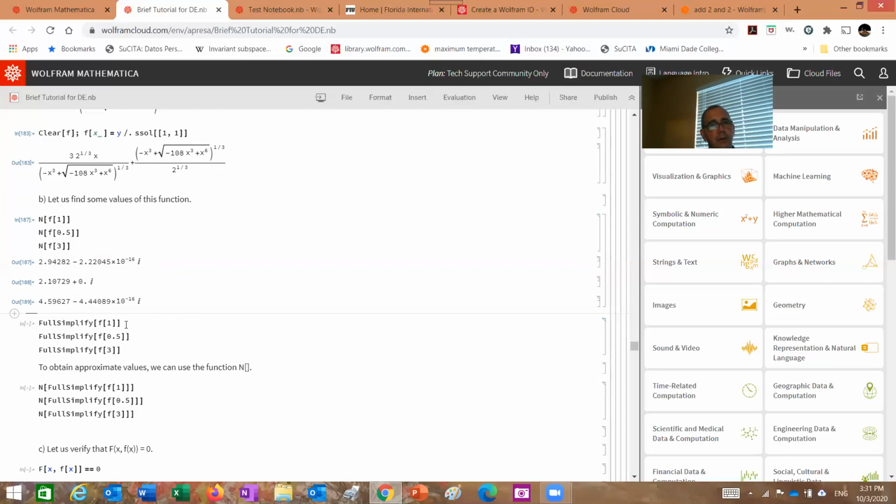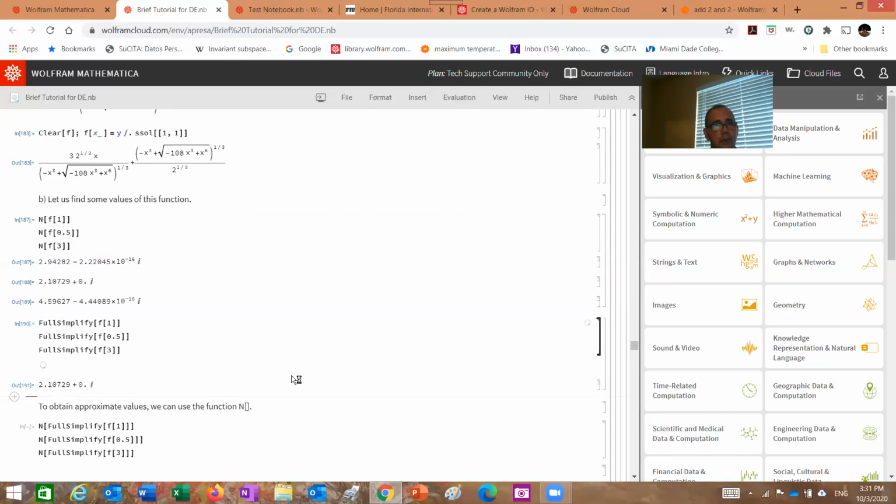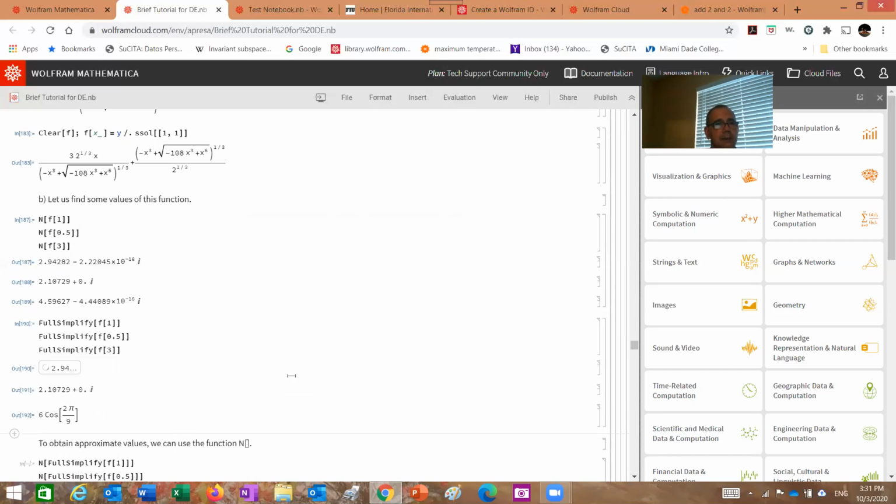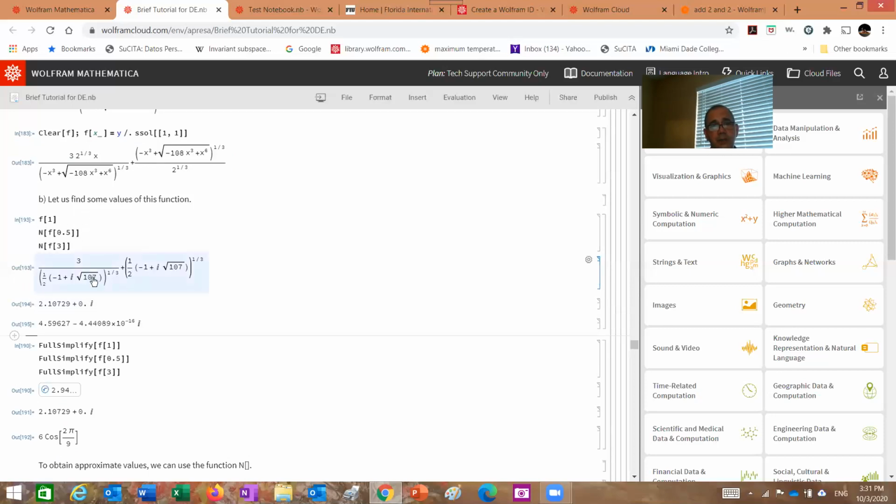And then here, you can simplify. Let's see what happens when you apply FullSimplify to the last two numbers. When you apply FullSimplify to those numbers, you get a simplification of the values that we had before. For example, for f of 1 without the N, when you find f of 1, you get this expression.